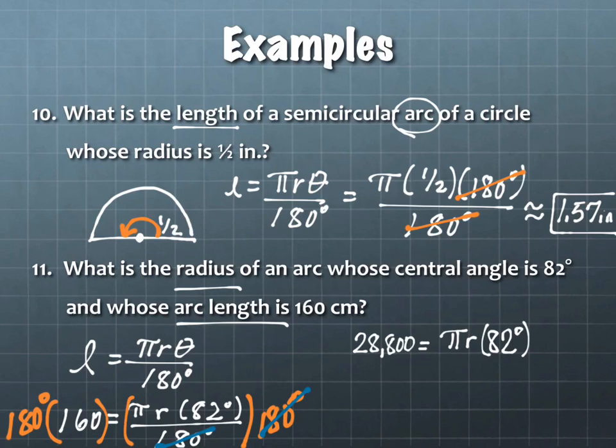What would I do next? We divide by 82. Can we divide by anything else? I would divide by 82 pi. It looks a lot like what we did at the last part of the other problem. So 28,800 divided by 82 pi.